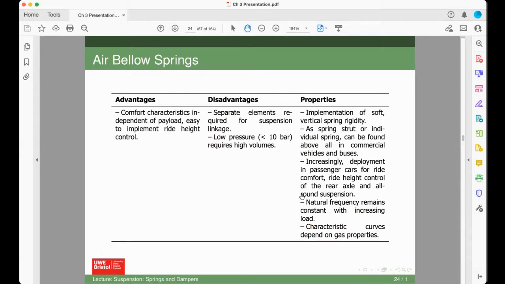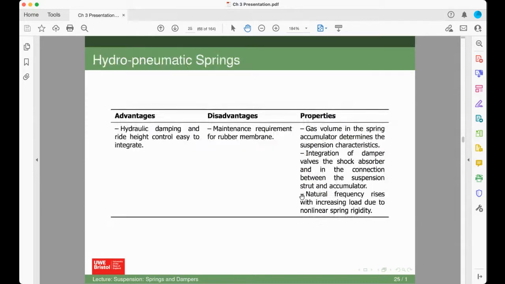That's quite a good thing if you're trying to tune the natural frequency of the suspension to give you good ride. It doesn't matter how heavy the load is, you'll get a constant natural frequency. It depends on the gas being used for the characteristic curve. For the hydropneumatic, you get damping inside.